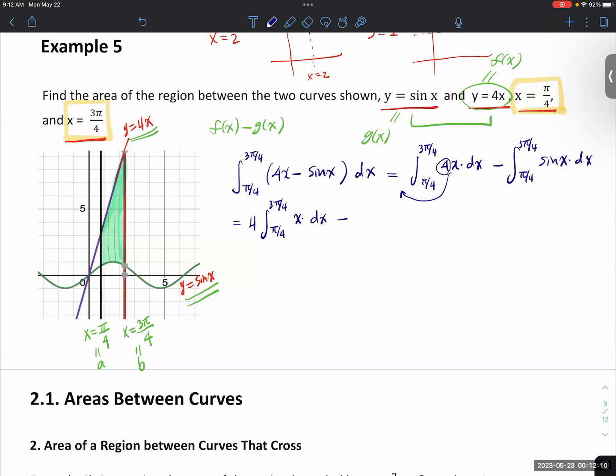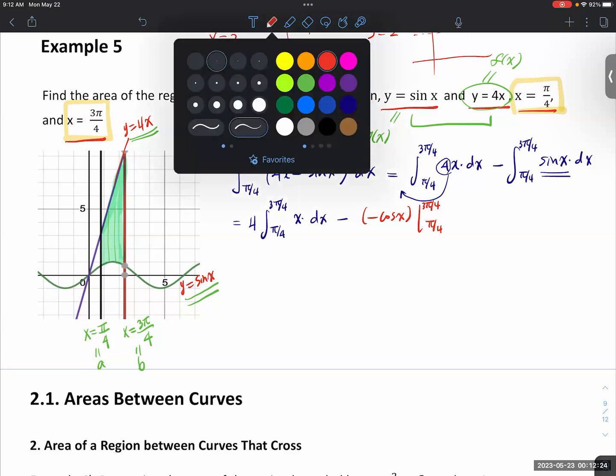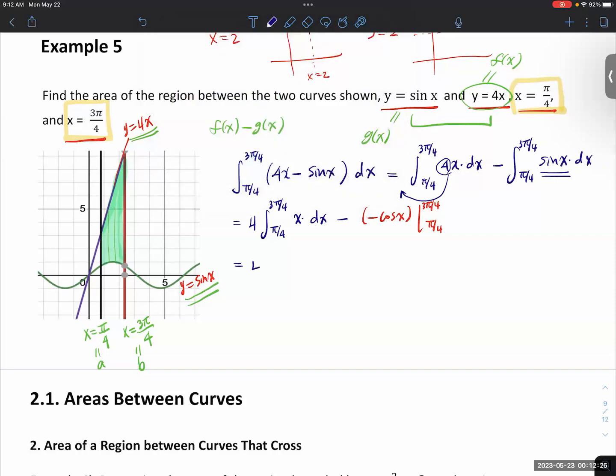And then if you take the integral of sine x, we know what it is. It is going to be negative cosine x from pi over 4 to 3 pi over 4. Got you? And then we also need to take the integral: x squared over 2, from pi over 4 to 3 pi over 4.